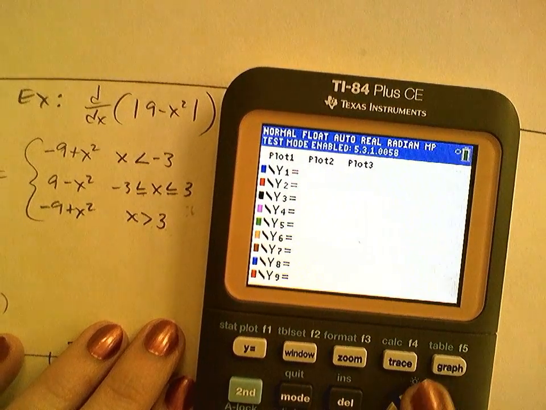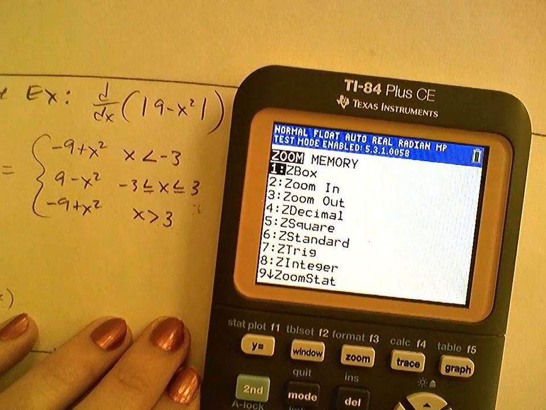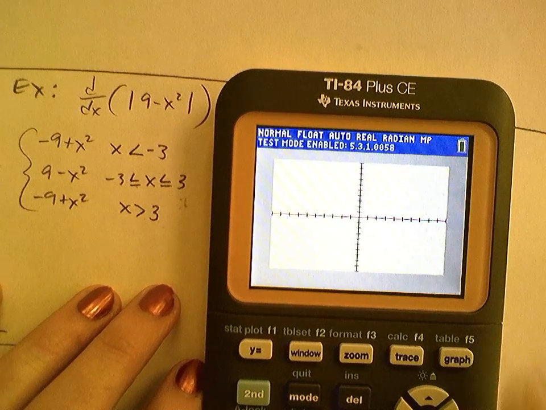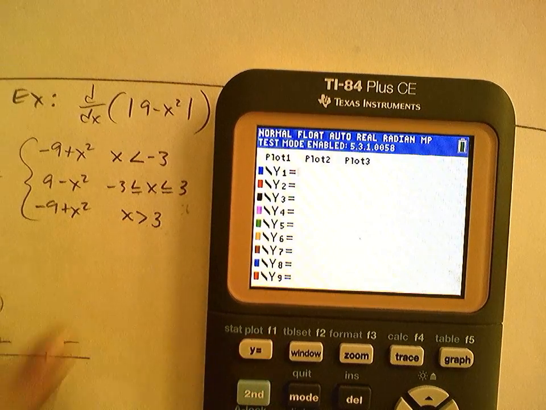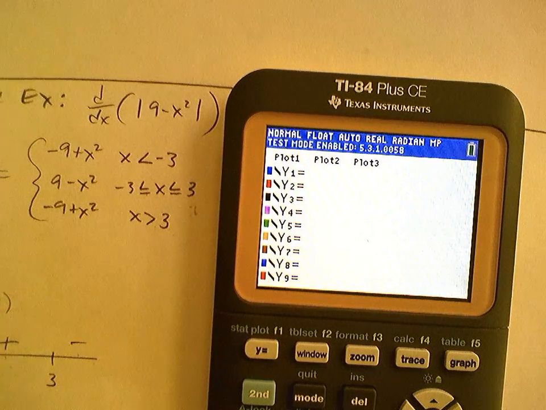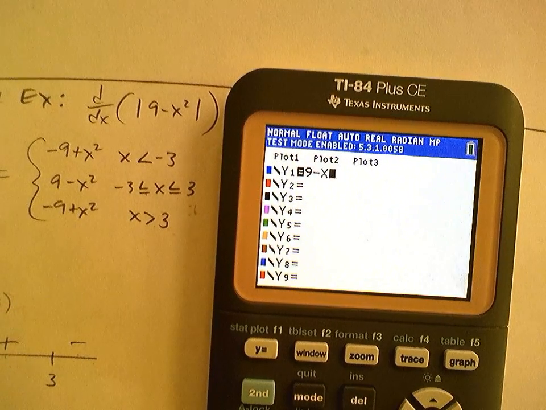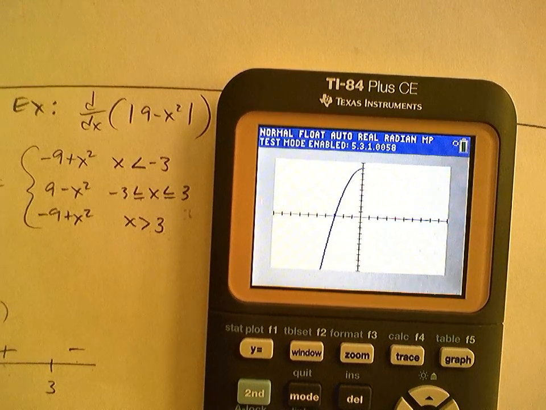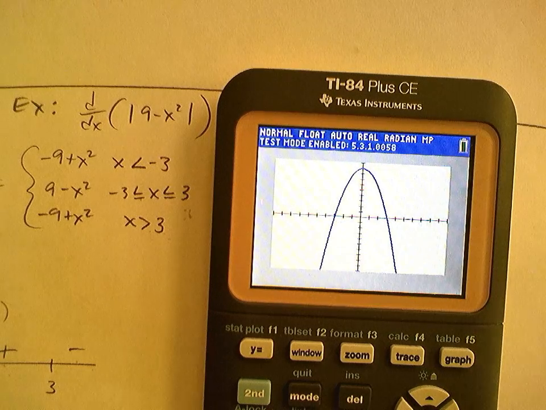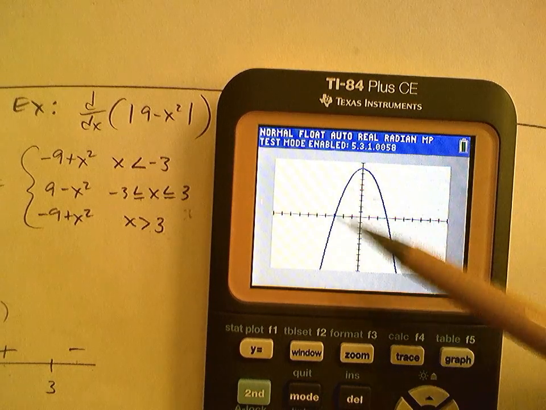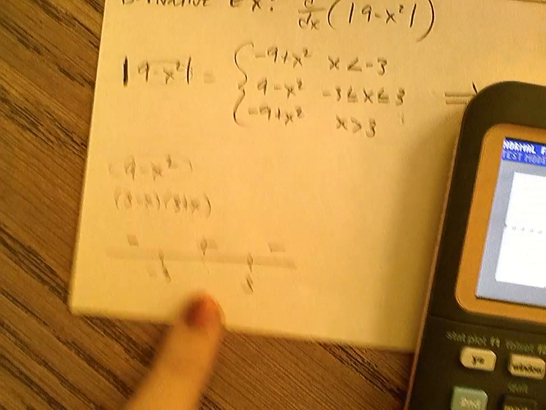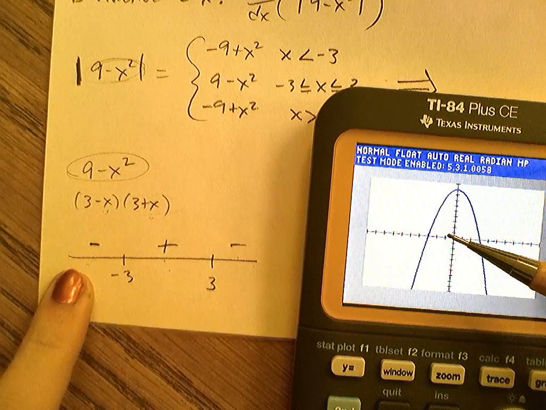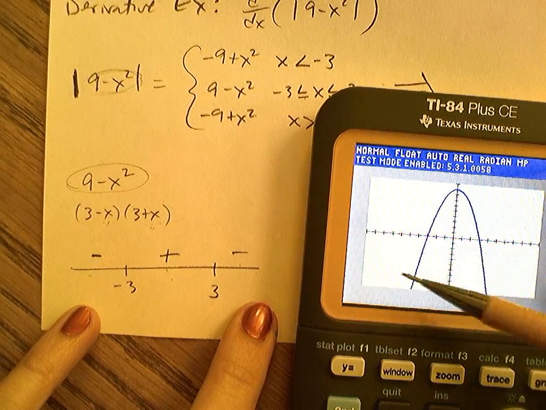Okay, let me make sure I'm in a standard window. In a standard window, let me graph 9 minus x squared. That's just the input. I'm graphing that in blue. So this is the positive part, and on these intervals we've got the negative parts.